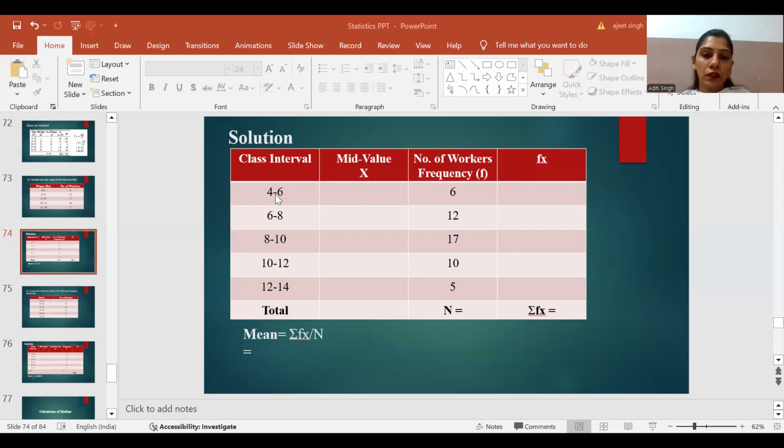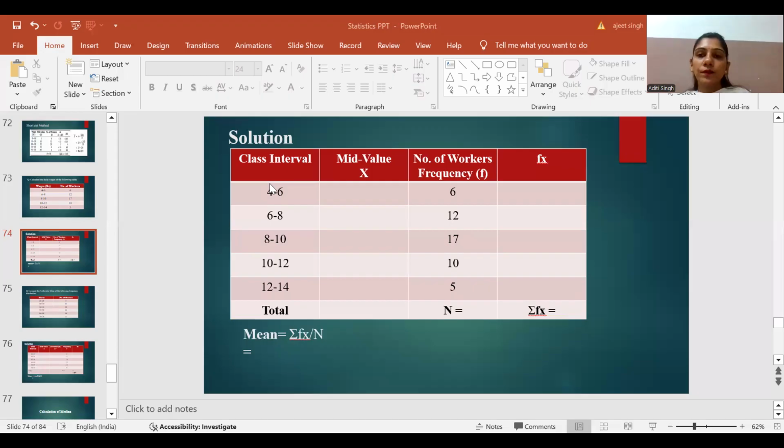All the class intervals are equal: 4 to 6, 6 to 8, there is a difference of 2 in all of them. After identifying the series, we have to choose the method for calculating the arithmetic mean: the direct method or the shortcut method.